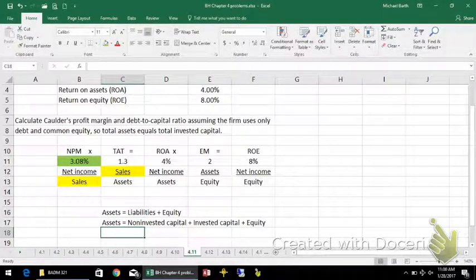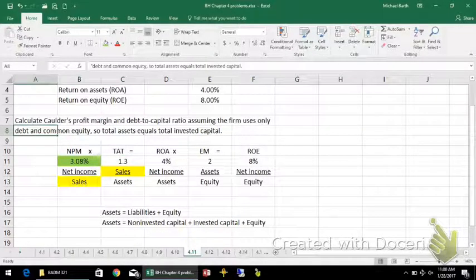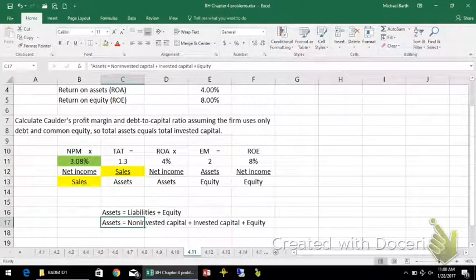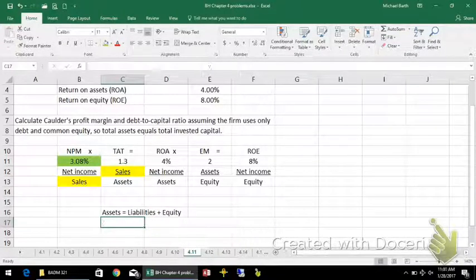Now we're given in the problem the firm only uses debt and common equity, so total assets equal total invested capital. So there's no non-invested capital. Very unrealistic. So liabilities is what we're going to call that.